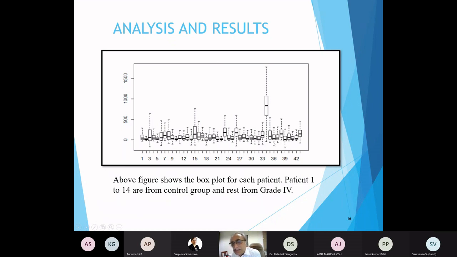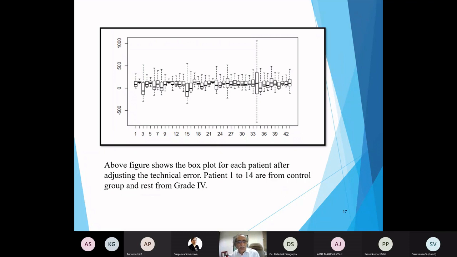Maybe this abnormality is due to an error in recording the observation, or maybe it is due to the machine. We want to rectify this, so we adjust for the technical error.